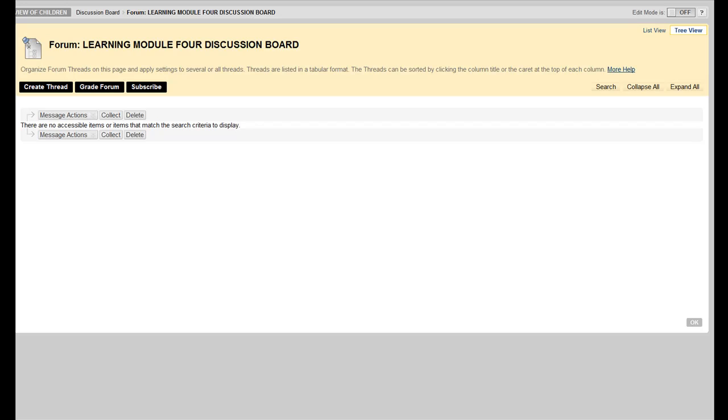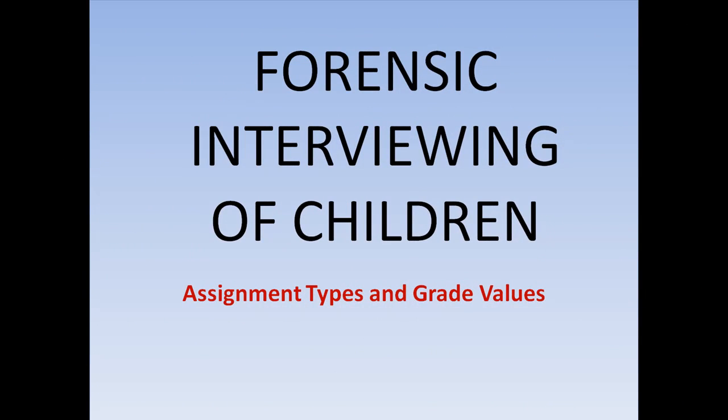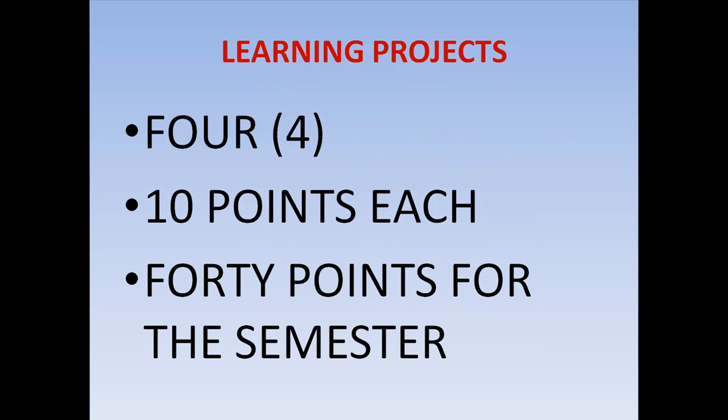Now, to end this, I'm going to recap exactly what the assignment types are in the Forensic Interviewing of Children course. Let's take a look at the assignment types and grade values in Forensic Interviewing of Children. You have 4 learning projects. Each learning project is worth 10 points.